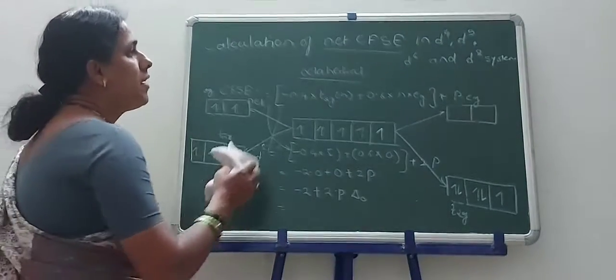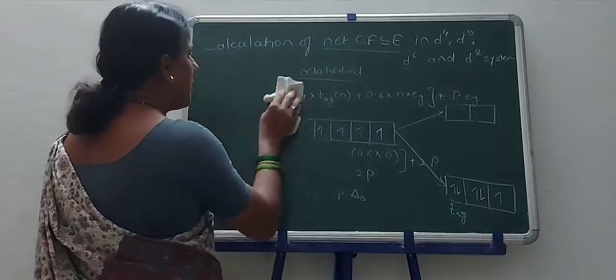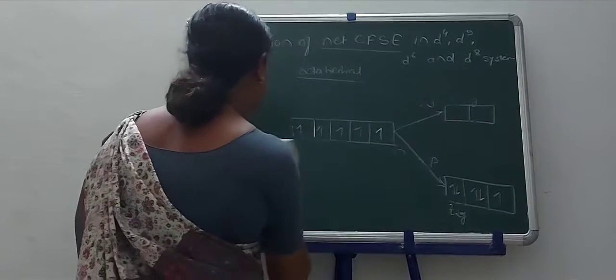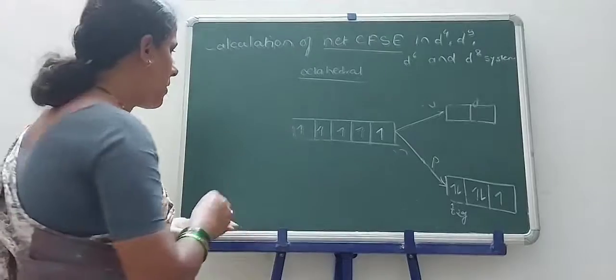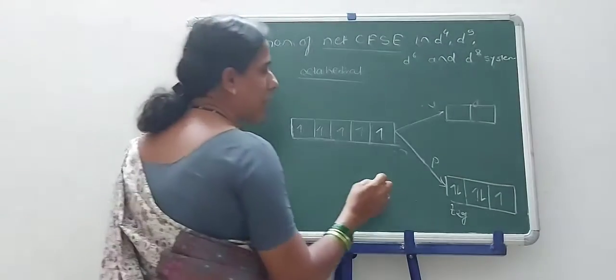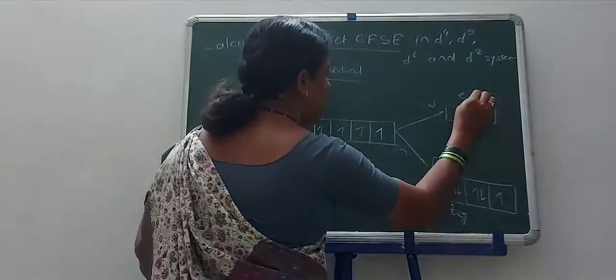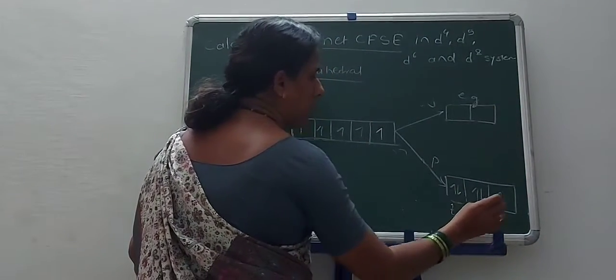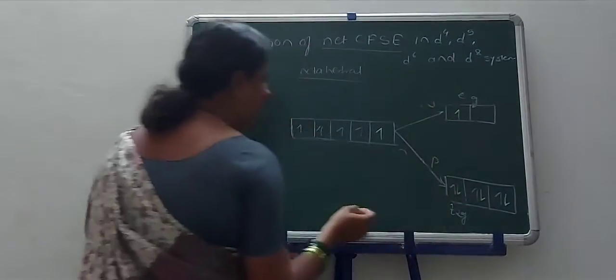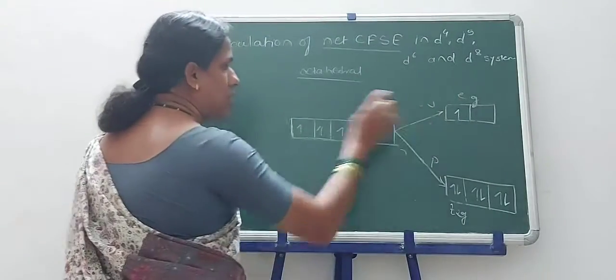Now in the case of d7, what happens here? We will consider only the pairing energy here. This is the Eg orbital, 1, 2, 3, 4, 5, here 6. What about the seventh electron? The seventh electron can enter this orbital.